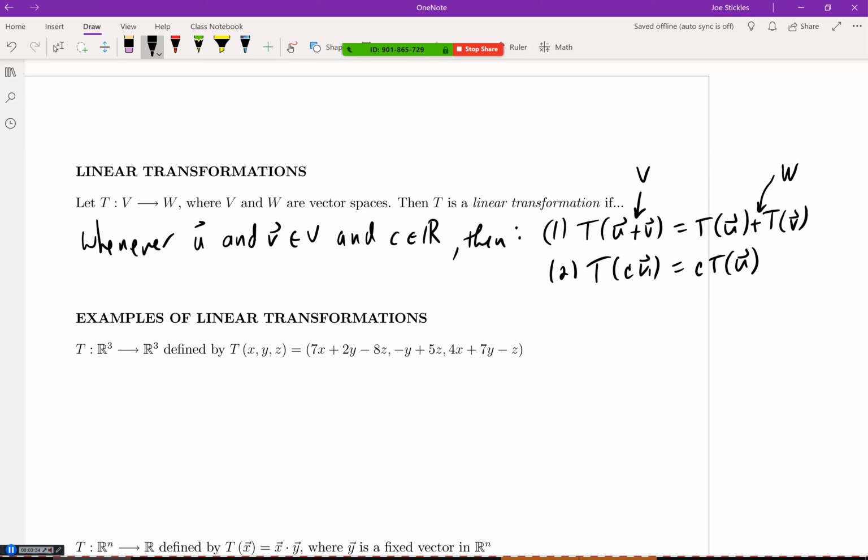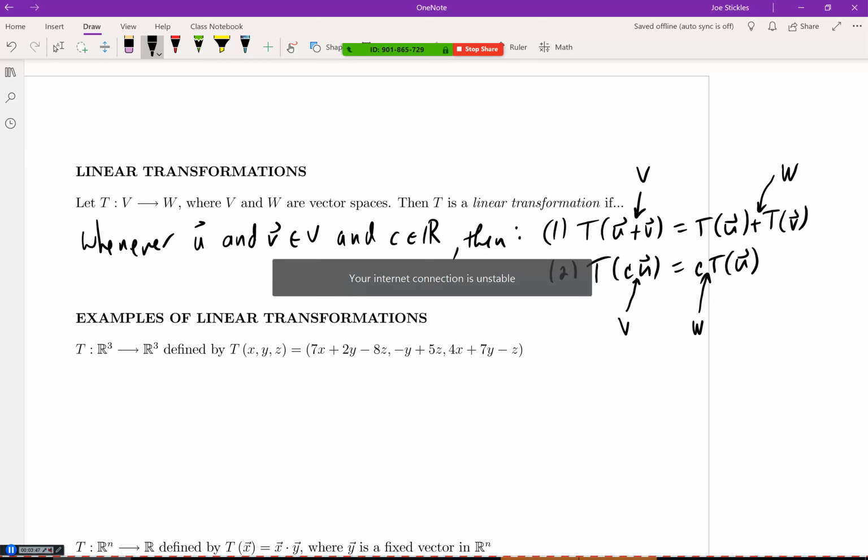And then the second part, same idea: this scalar multiplication here takes place in V, this scalar multiplication here takes place in W. So again, that scalar multiplication structure has to be preserved by the function T.